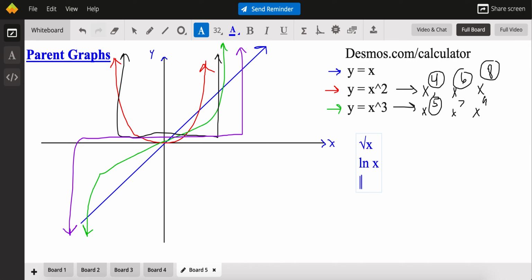You have the absolute value of x. You have a few other special functions, right? You could have e raised to the x, the exponential function. Also you have your trig functions: sine of x, cosine of x, tangent of x.